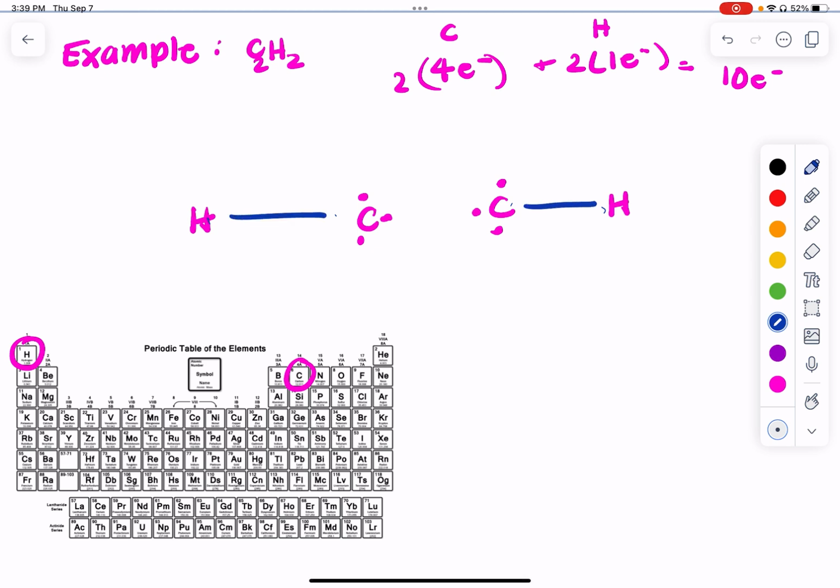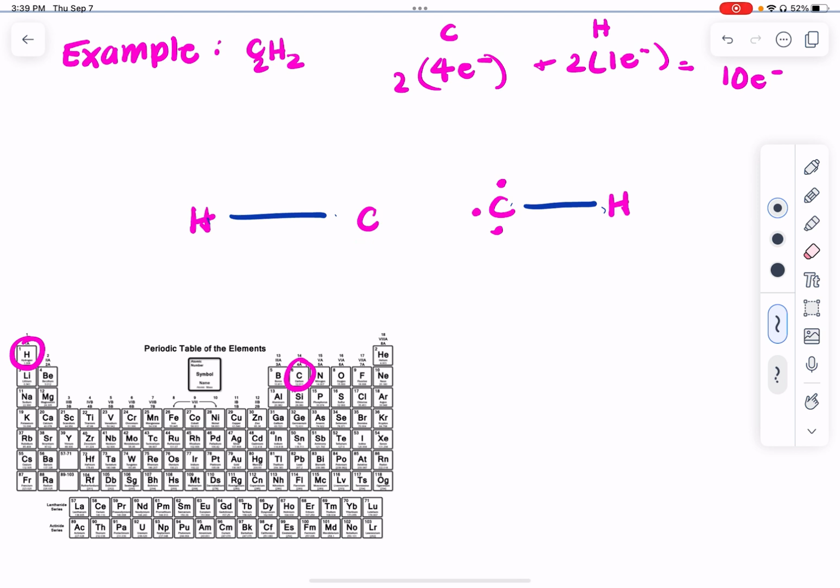Now, if I only connect one bond, then this carbon will only have 6 electrons in its octet, and we want it to have 8. So what I have to do is make a triple bond. This is the maximum bond that you can make.